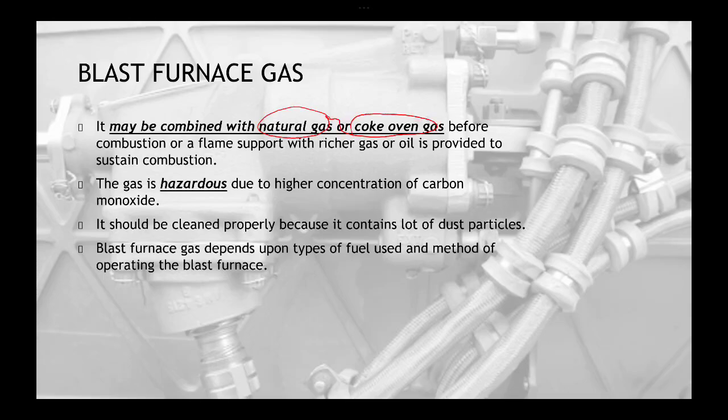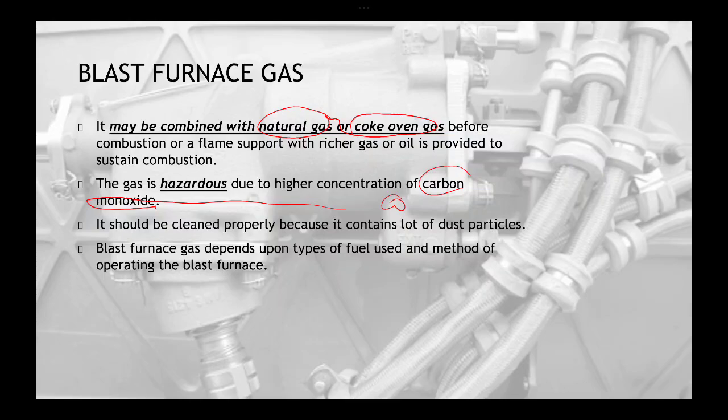Commonly, it is combined with natural gas or coke oven gas. Since the blast furnace gas contains a high concentration of carbon monoxide, it is hazardous. Too much carbon monoxide can cause great danger.